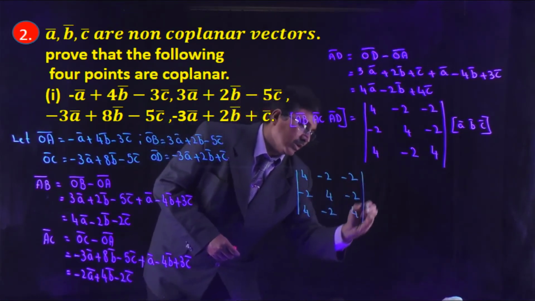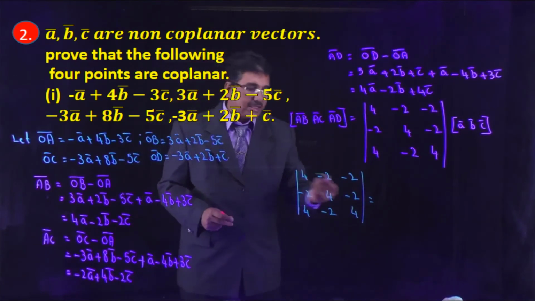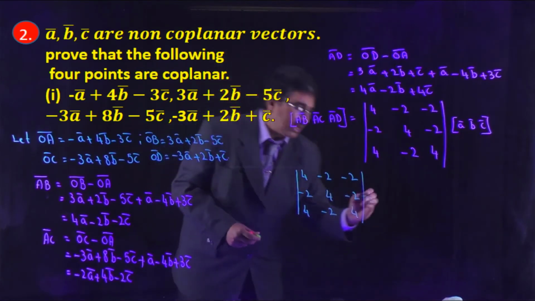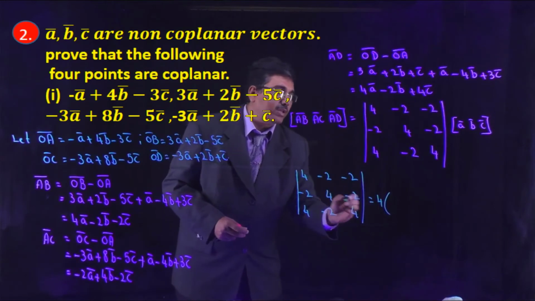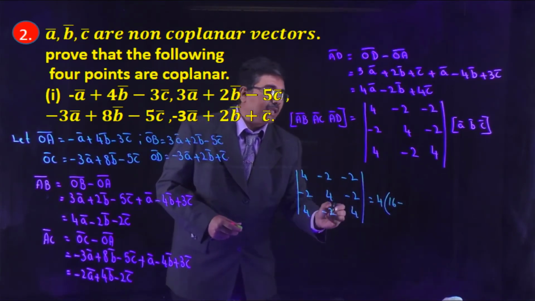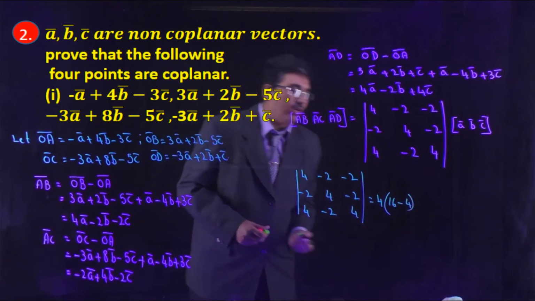Expanding the determinant with the first row, that is equal to 4 into, 4 fours are 16, 16 minus 2 into minus 2 plus 4, that is 4.